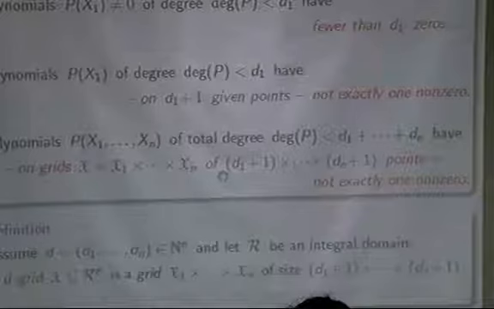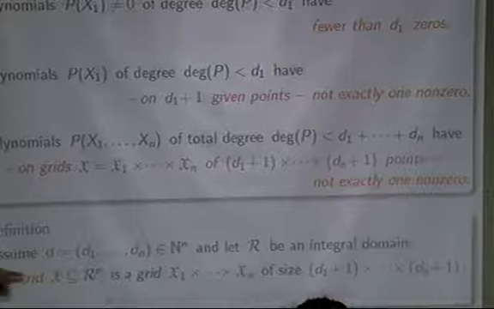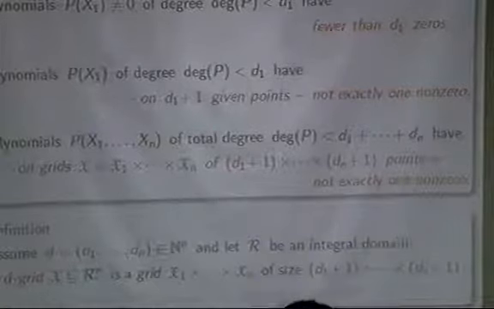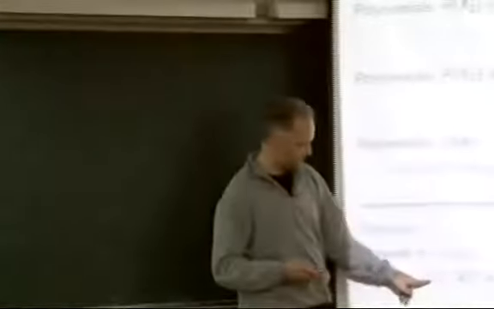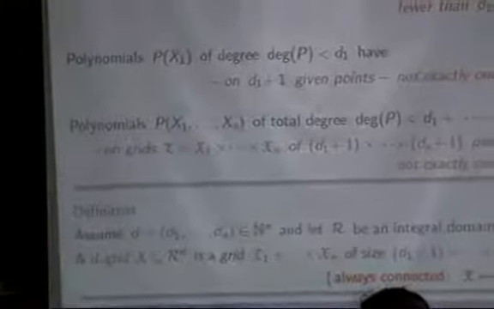And then a d-grid, for example here a 2, 2 grid, is just such a Cartesian product of subsets of the ring of size d1 plus 1, so 2 plus 1 is 3, and 2 plus 1 is 3 here. And always in this talk, whenever you see such an X here, then it's a d-grid. And whenever you see a d, then there is some d-grid in the background. So these two letters are always related.